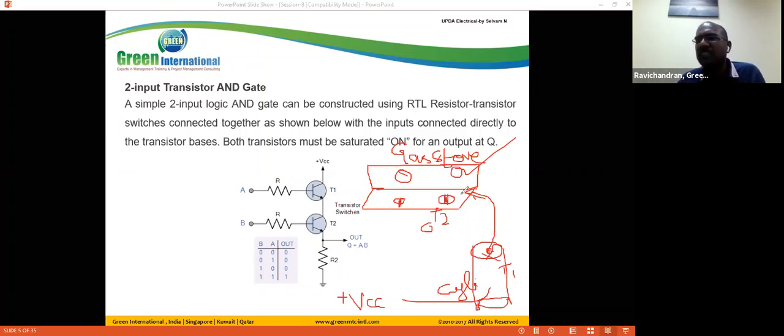Now it is not possible. Only when both the regulator and the gas stove are on do we get the flame. So whenever you go to the kitchen, you see the cylinder and gas stove, it is an AND gate. The cylinder is one transistor and the stove knob is another transistor.